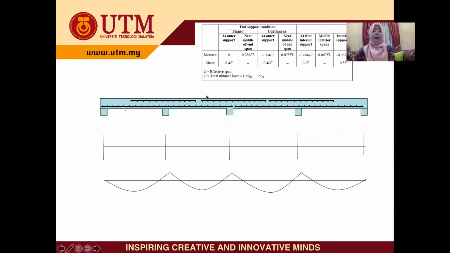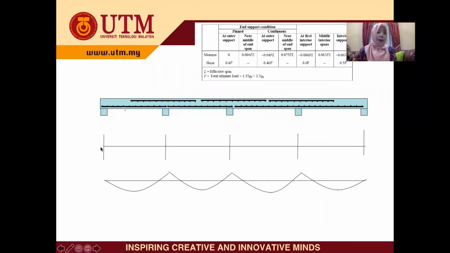Okay. Now, let's say we have a continuous slab like this. This is the provision of the steel that we imagine. So now we need to find the moment and also the shear from Table 3.15 in your design formula. Before that, we need to identify the outer support.